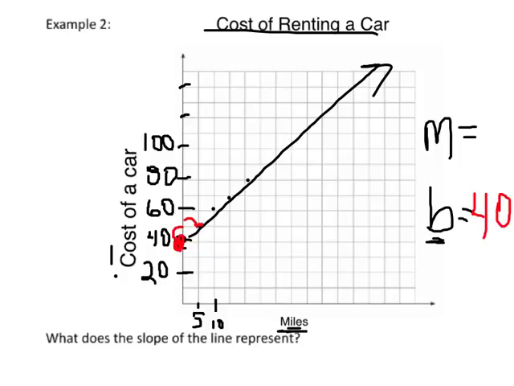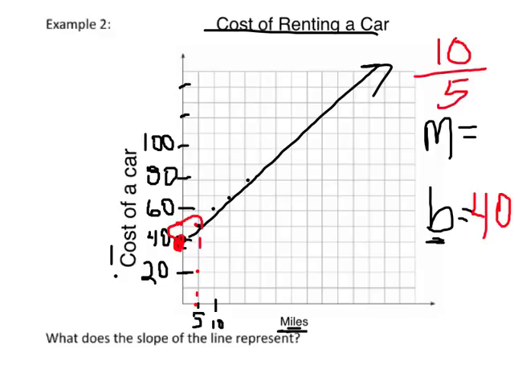So will my slope be 1? No, because if we look at it, when we're going up, we're going from 40 to halfway between 40 and 60. How much are we going up? We're actually going up 10. And then when we run, if we look down at the x-axis, how much did we run?